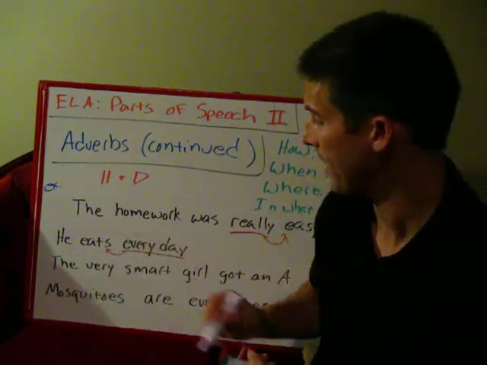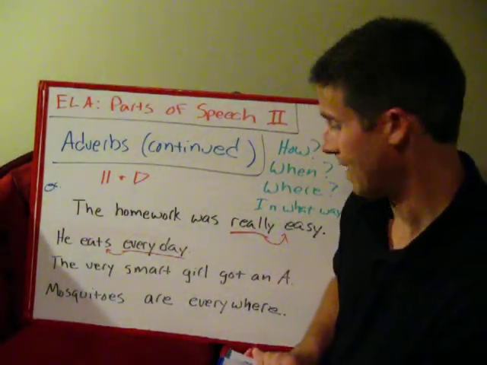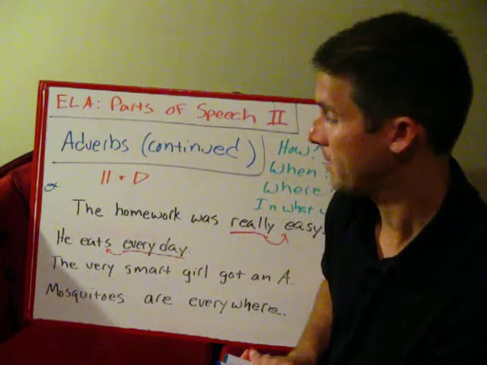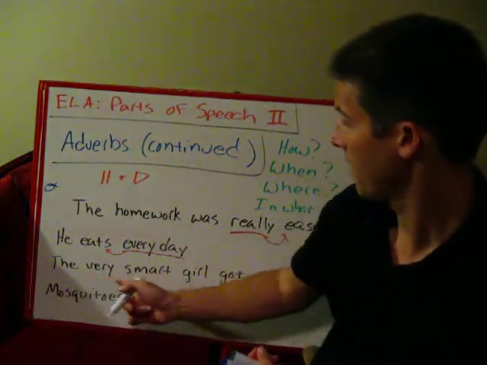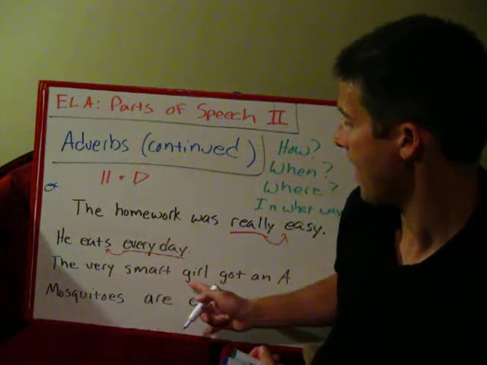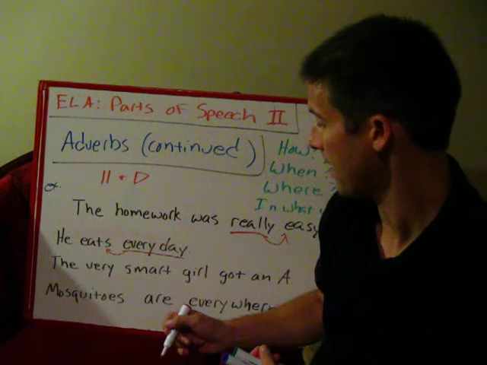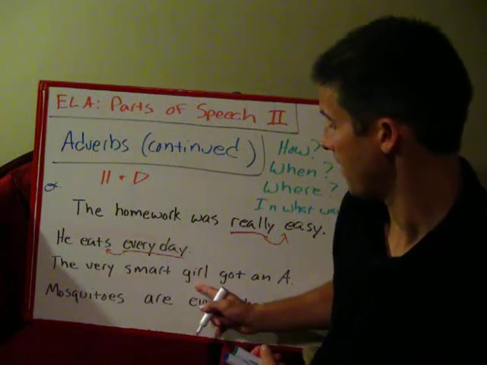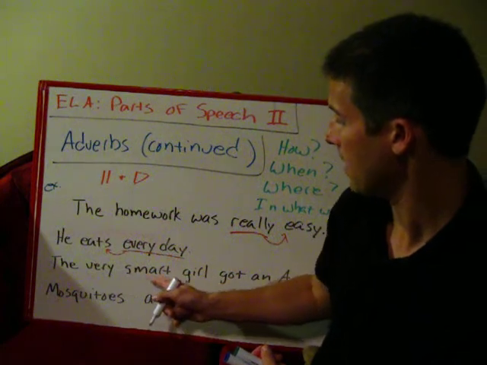Okay, the next one. The very smart girl got an A. Well, we look through here. We have a lot of words in front of a noun. I know very is not a noun, and smart is not a noun, but girl is a noun. It's a person. So I'm going to go back here and see what this word is. This is a smart girl.